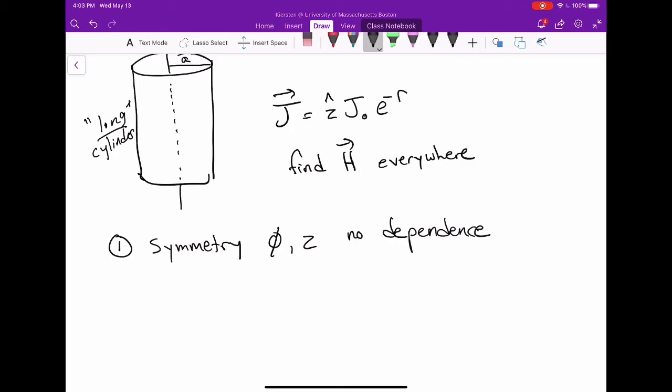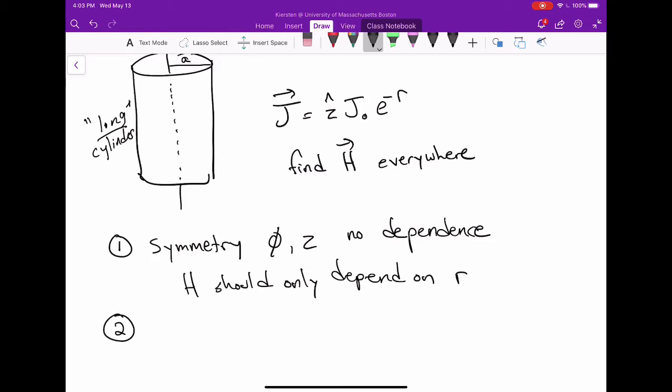So the only dependence in our problem should be on r. Now that doesn't mean that the magnetic field is r-directed. That means that the magnitude of the magnetic field only depends on the radial distance from the z-axis.